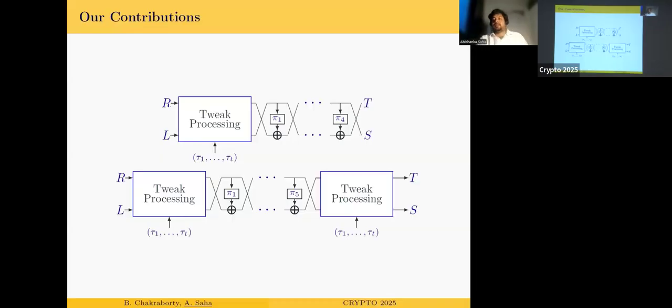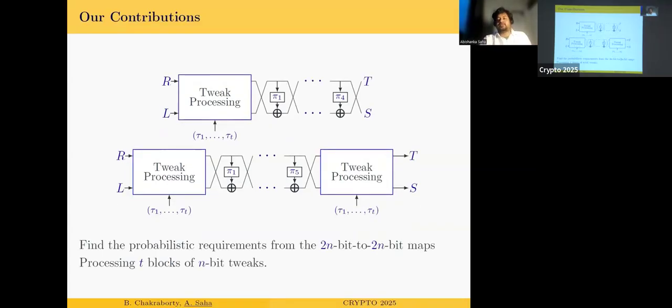So now our first contribution is to define the TLR compatible function family, which is to formalize the exact probabilistic requirements from the 2n-bit to 2n-bit tweak processing maps, so that these constructions respectively achieve n-bit CPA and CCA security.